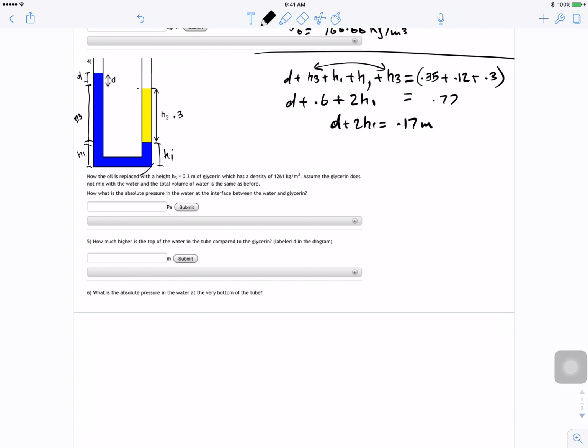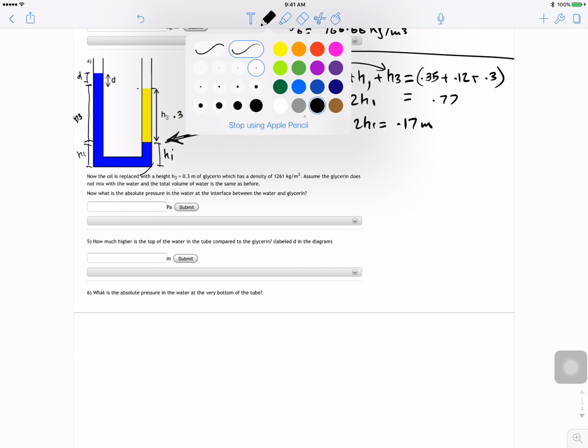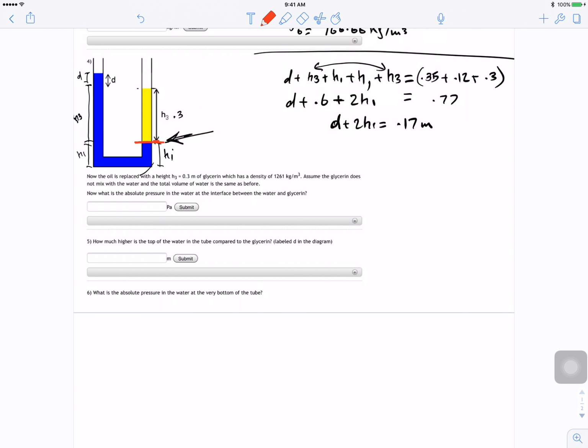Now let's go to this. What's the absolute pressure in the water at the interface between the water and the oil, the glycerin? They want it right here.